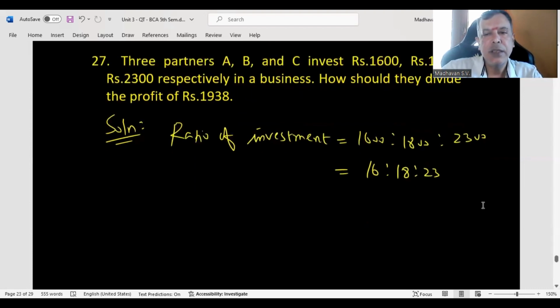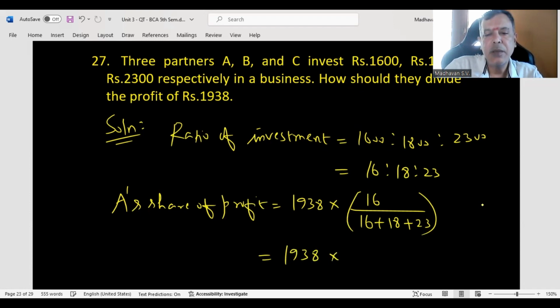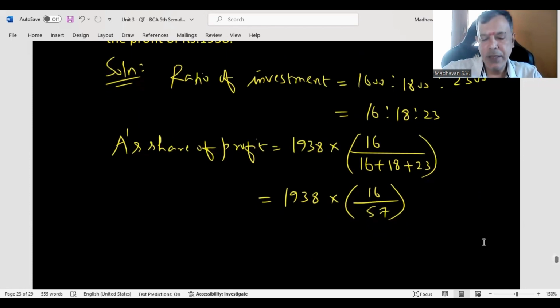So now we can easily calculate the share of each. So A's share of profit will be 1938 multiplied by 16 divided by 16 plus 18 plus 23. That will be 1938 multiplied by 16 divided by 57. Now, this 1938 and 57 are divisible, means this goes with this 34 times.